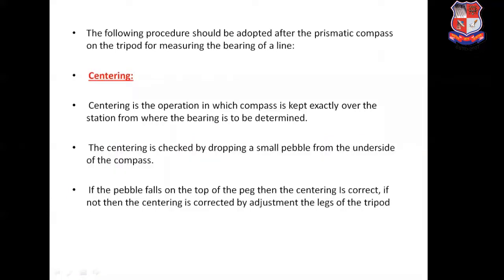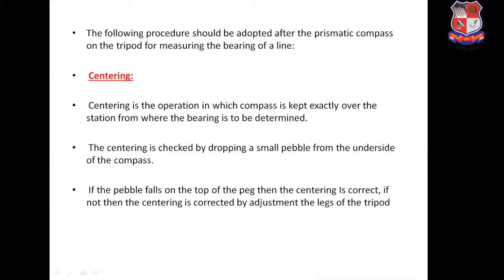And we have to drop that small stone from the underside of the prismatic compass which is fixed on the light tripod stand. If this pebble falls on the top of the peg, peg meaning the ground station which is marked by the peg, then the centering is correct.